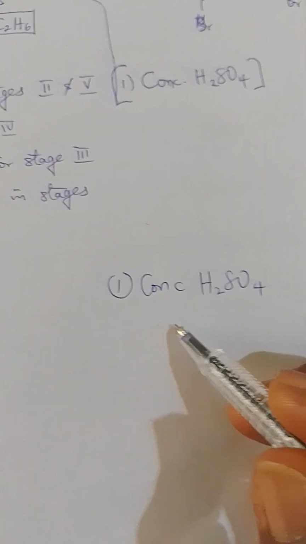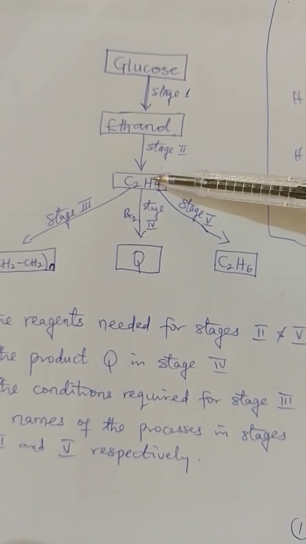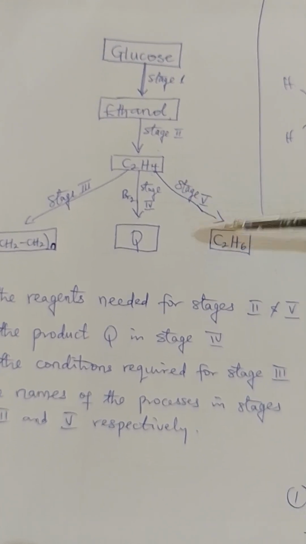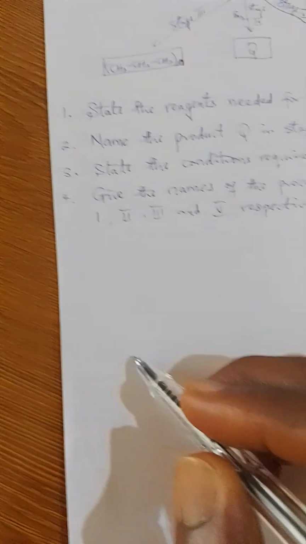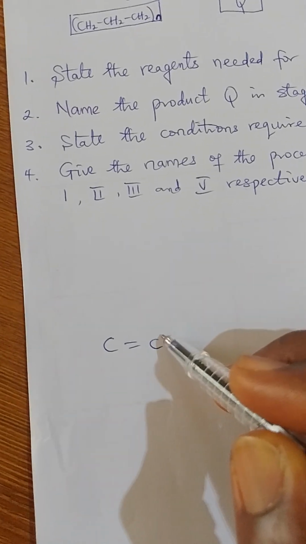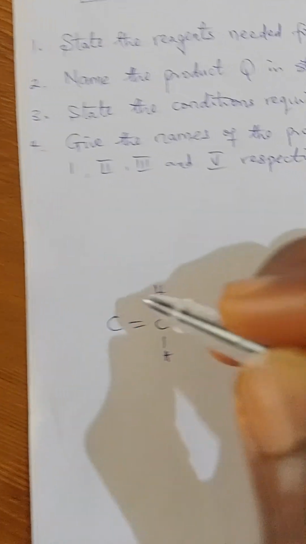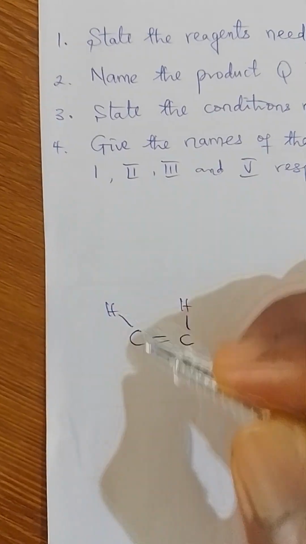Okay. And the second part is for stage what? Stage 5. That means from ethene to ethane. What is ethene? Ethene is a hydrocarbon having 2 carbon atoms and a carbon to carbon double bond.